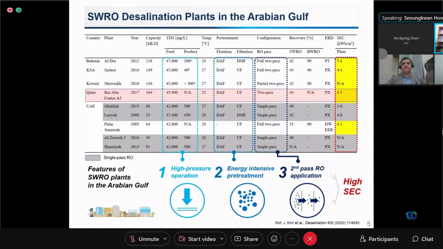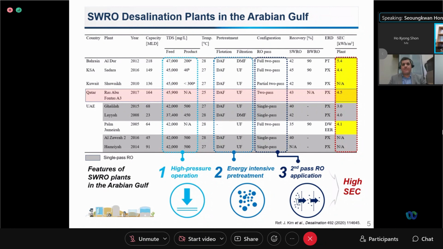Some of the SWRO desalination plants in the Arabian Gulf, including the one in Qatar, are listed in this table. You may notice that high pressure should be applied due to the higher salinity of seawater, and an energy-intensive pretreatment process such as DAF is also typically installed and operated.